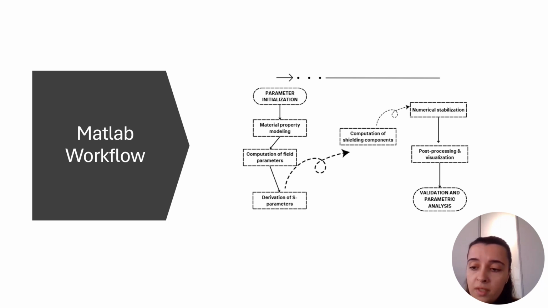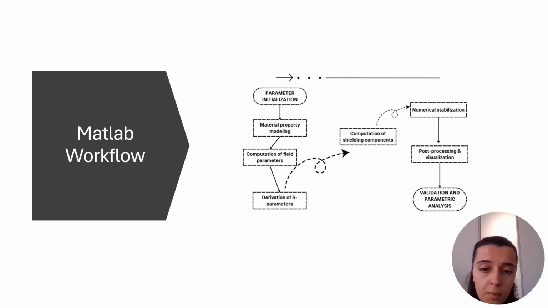A circular sample is inserted between the two coaxial ports, and the vector network analyzer sends an incident wave that measures the reflection S11 and transmission S21. Shielding effectiveness is then computed using these parameters. Here you can see the flow chart.